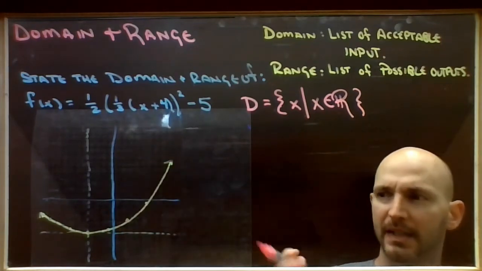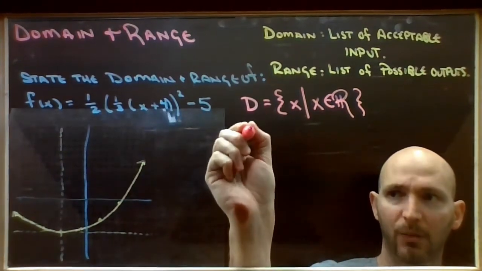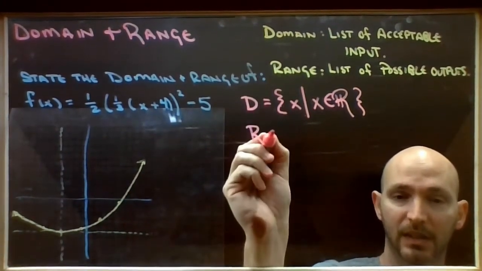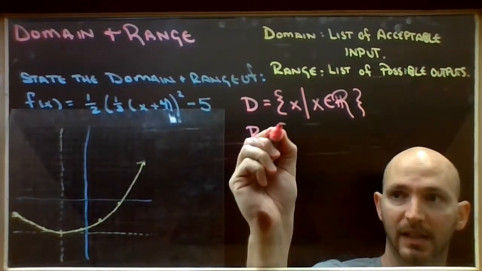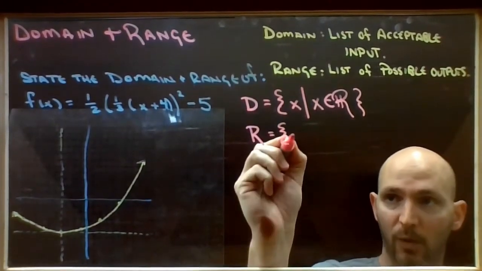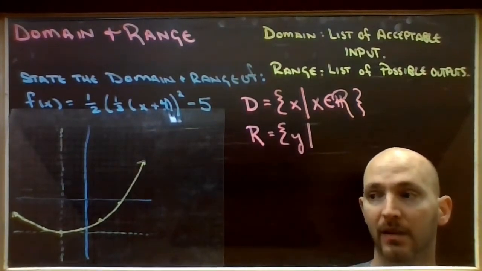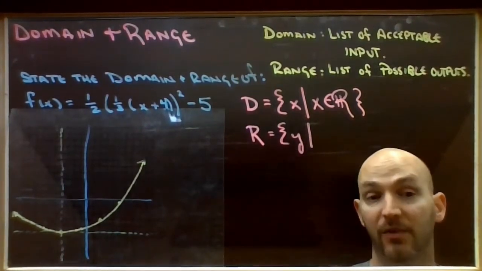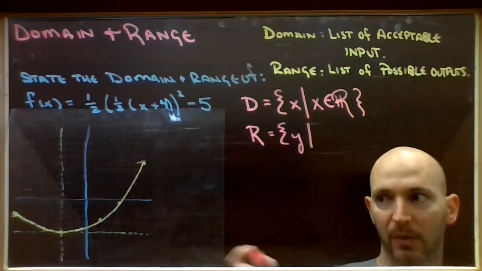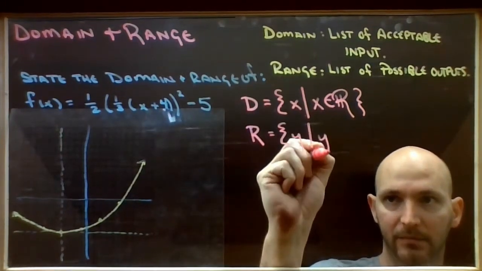So I'm going to start writing that out. The range is a set of y values such that these y values have to be bigger than -5.